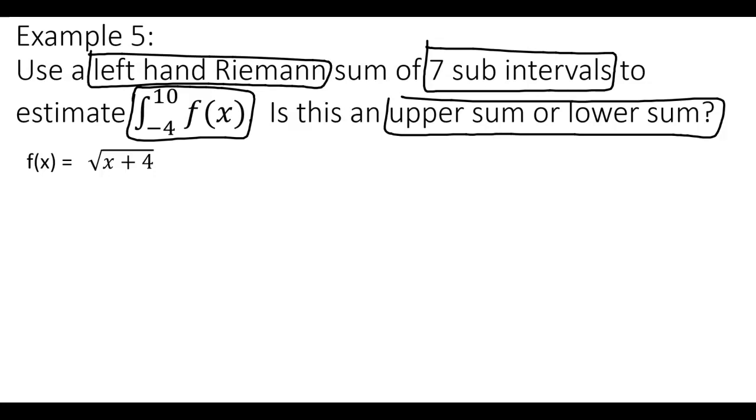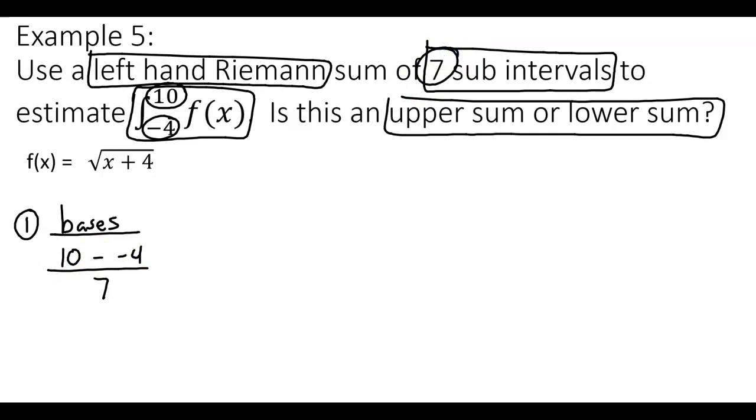All right, so where do we begin with this? What are we going to do first? First of all, let's figure out our bases. In other words, this is the thing where you're going to take your last x value and your first x value, you're going to subtract them, and then you're going to divide by the number of subintervals that they want.